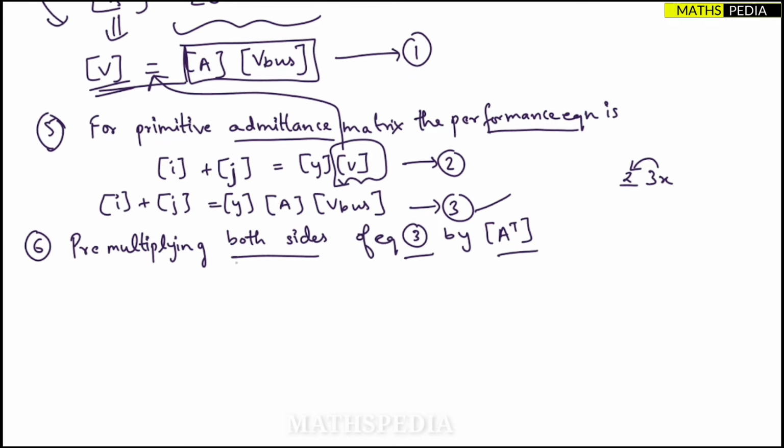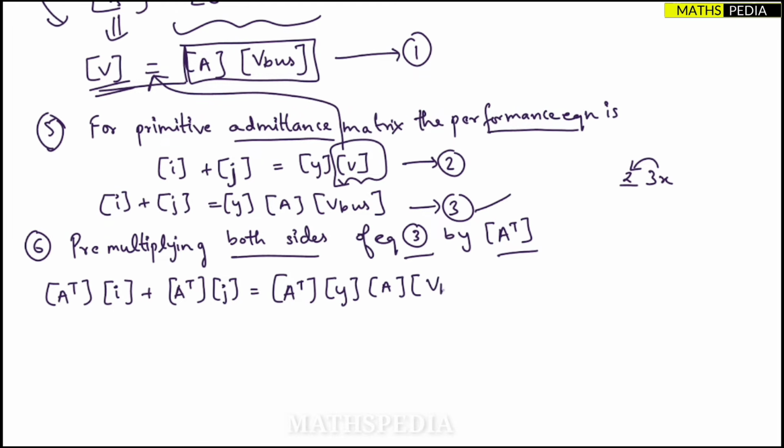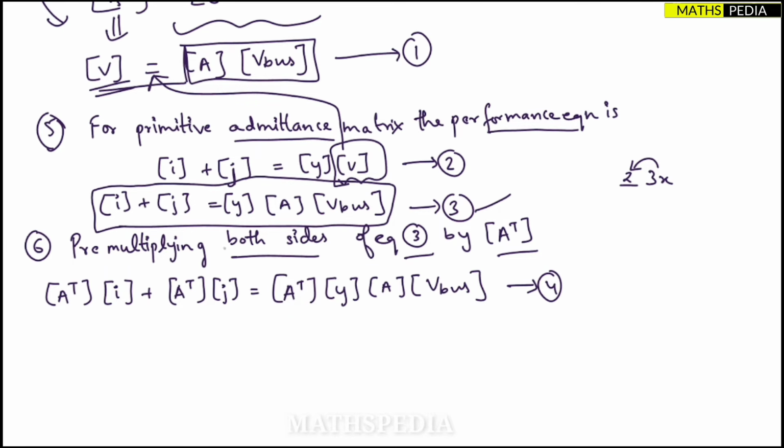A transpose matrix. So what will happen? A transpose into I plus A transpose into J equal to A transpose into Y into A matrix into V bus matrix. Correct? Okay, so I will label this as the fourth equation. Basically, this third equation, I am just multiplying with A transpose, pre-multiplying, on both the sides.